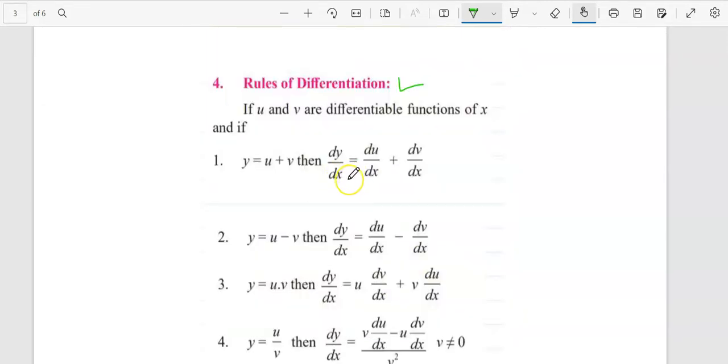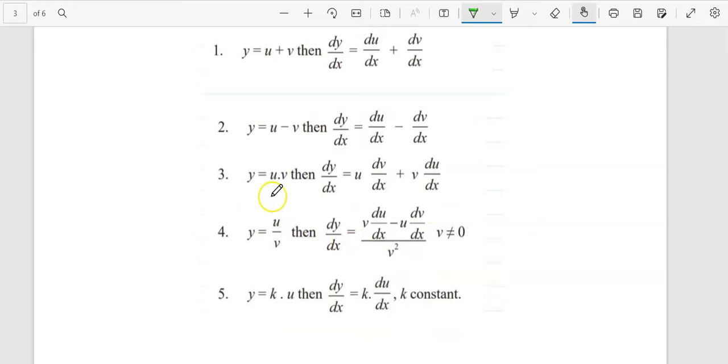Now next, one more list of formulas, that is the rules of differentiation. If u and v are differentiable functions of x and if y is equal to u plus v, then dy by dx is equal to du by dx plus dv by dx. If y is equal to u minus v, then dy by dx is equal to du by dx minus dv by dx.